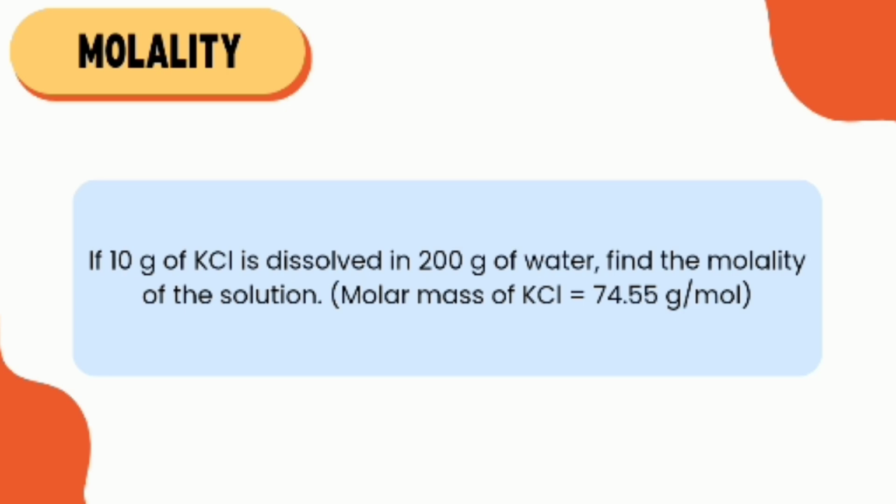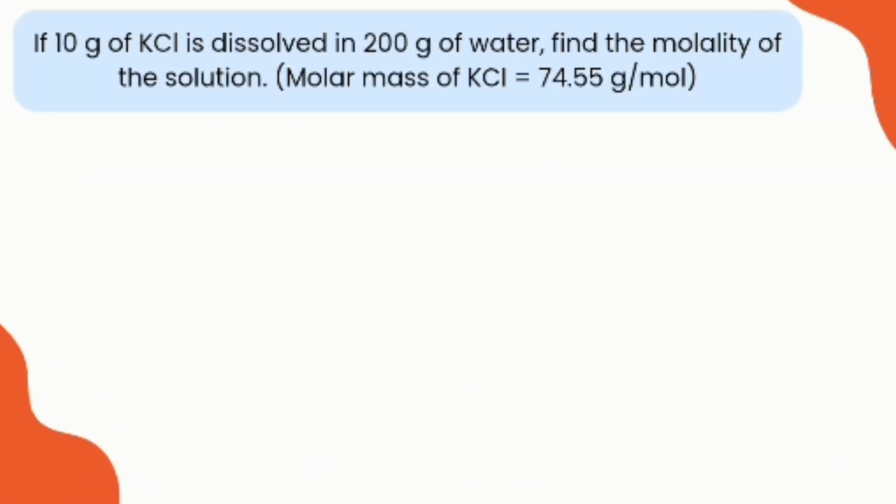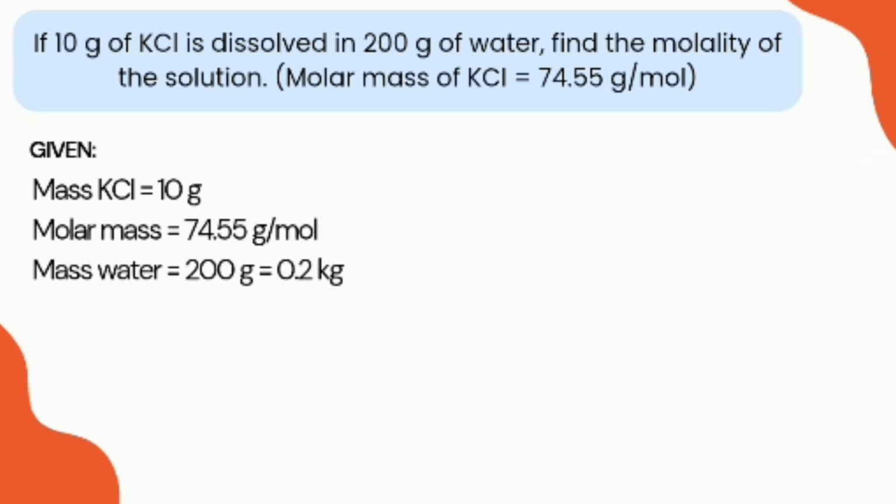Molar mass of potassium chloride is already provided in the problem, which is 74.55 grams per mole. In this problem, we have our given mass of potassium chloride equal to 10 grams and molar mass equal to 74.55 grams per mole, and mass of solvent or water equal to 200 grams.